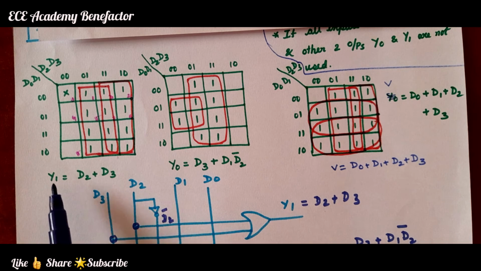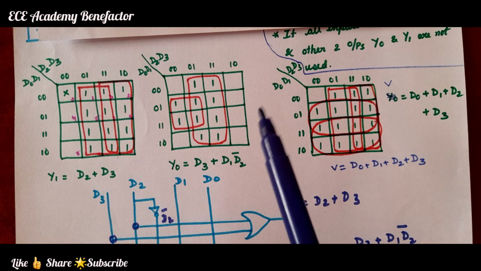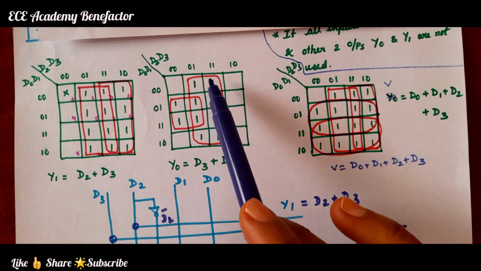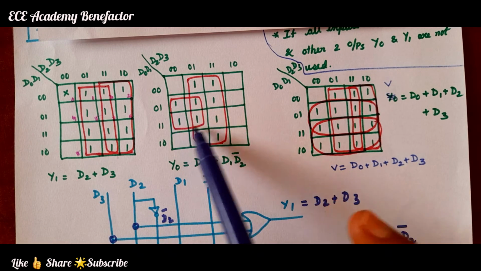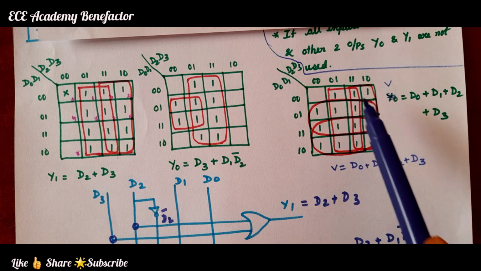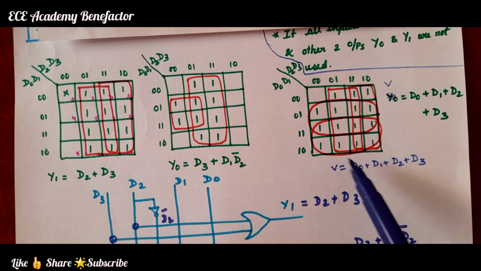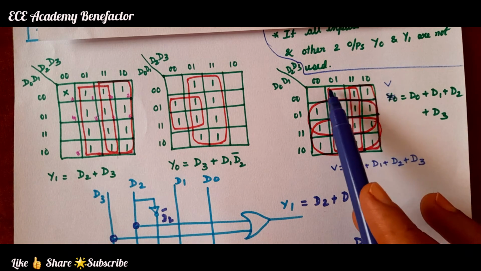I hope the equations you got are clear. For Y0 we have one octet and one quad, and for the valid output V we have 4 octets.